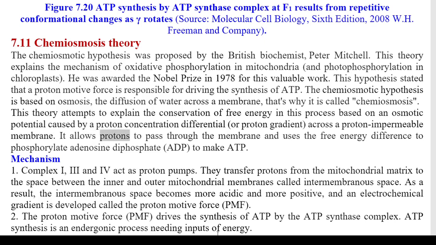It allows protons to pass through the membrane and uses the free energy difference to phosphorylate adenosine diphosphate, ADP, to make ATP. Mechanism: 1. Complex I, 3 and 4 act as proton pumps. They transfer protons from the mitochondrial matrix to the space between the inner and outer mitochondrial membranes called the intermembranous space.